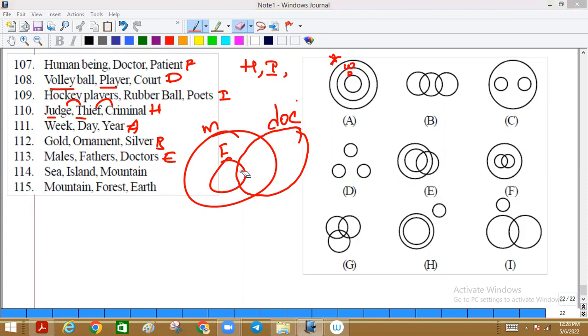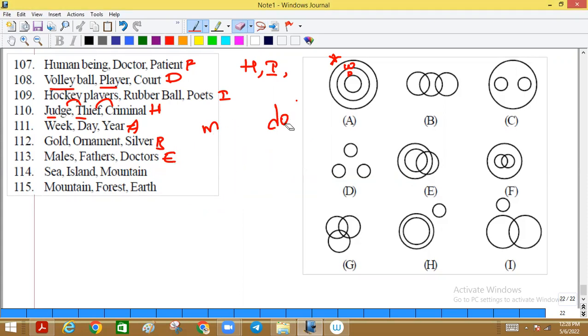Good. Next one. Sea, island, mountain. Very interesting question again. Most confusing question. Between the sea and city there is an island. Mountain is different.